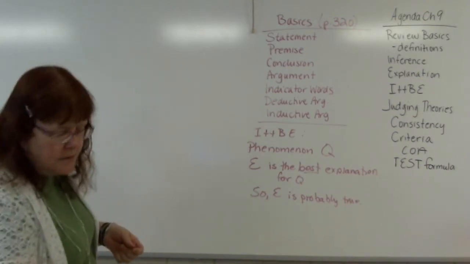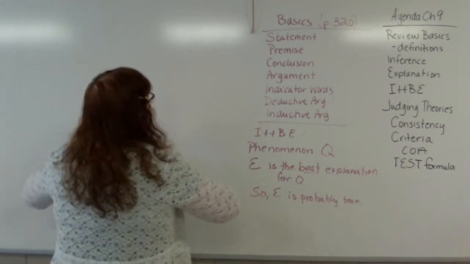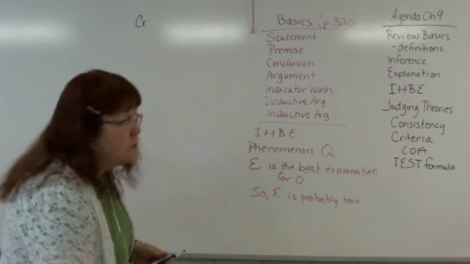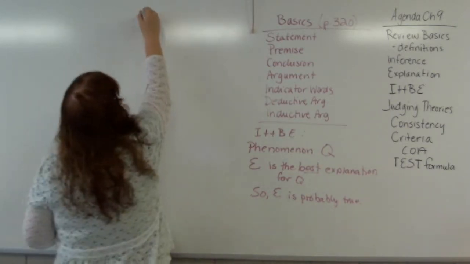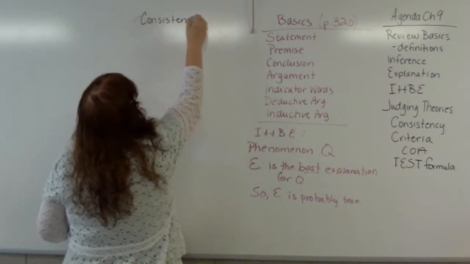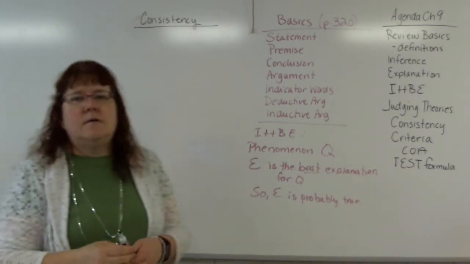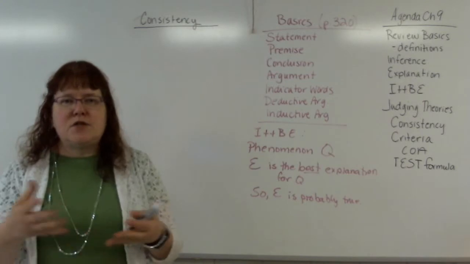I know I'm going backwards, but I don't want to do criteria first. I want to do consistency first, because that is first. Now, we know consistency as kind of texture, especially when you're baking.